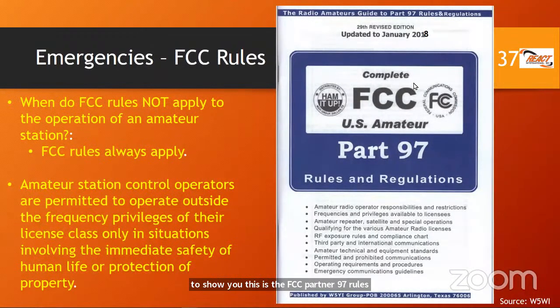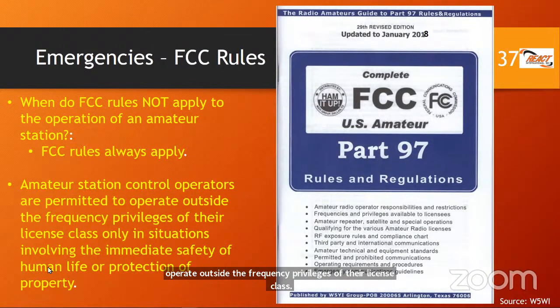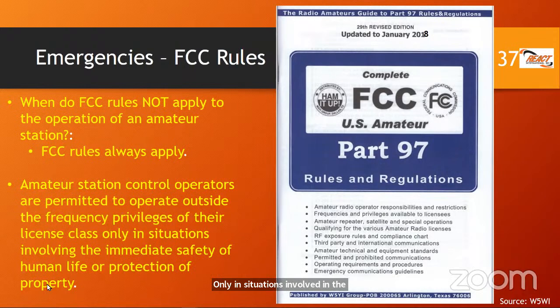All right. Also, we need to know in an emergency situation that amateur station control operators are permitted to operate outside the frequency privileges of their license class only in situations involving the immediate safety of human life or protection of property.